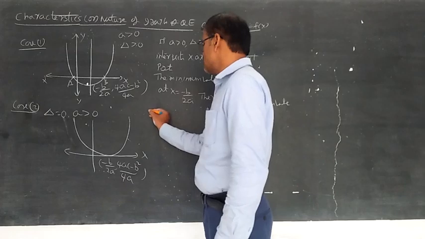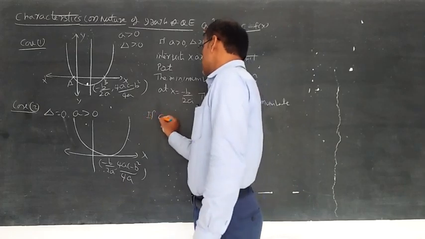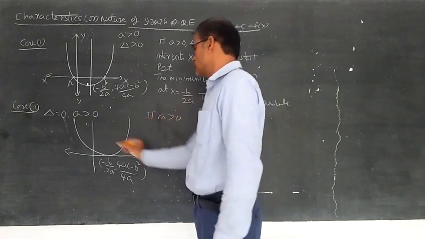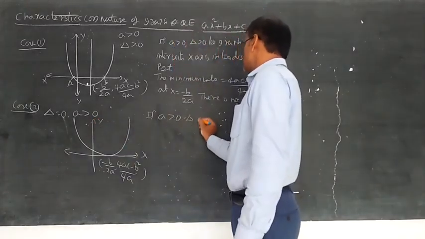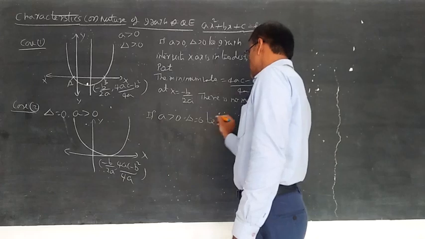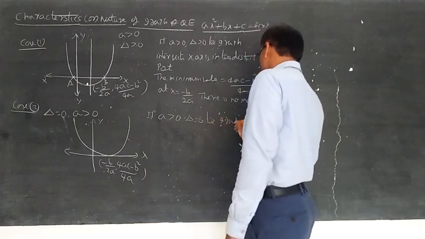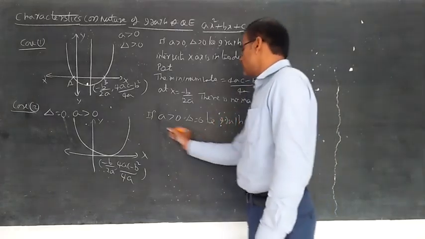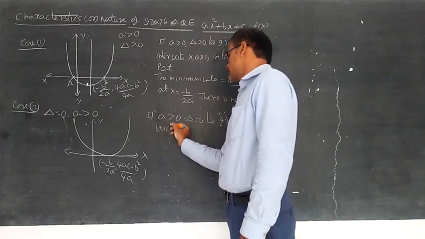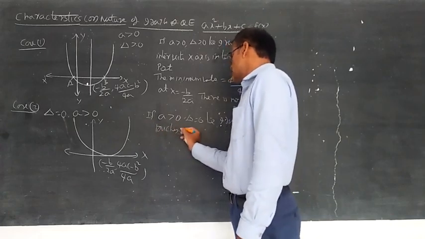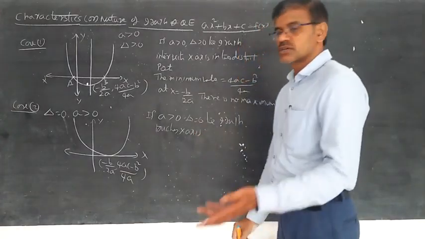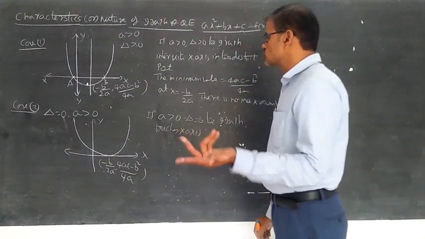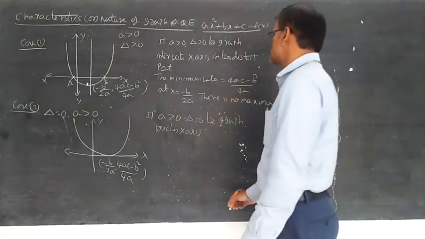I want to discuss with you. Next step, if a greater than 0 comma delta is equal to 0, the graph touches the x-axis. Because delta is equal to 0 means there are two equal roots.